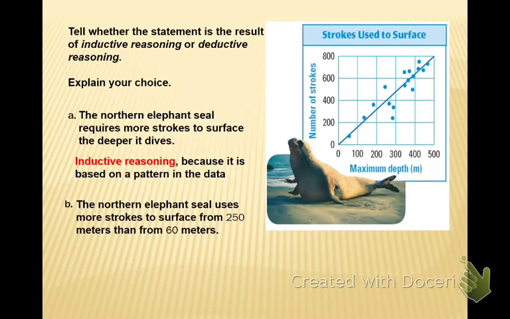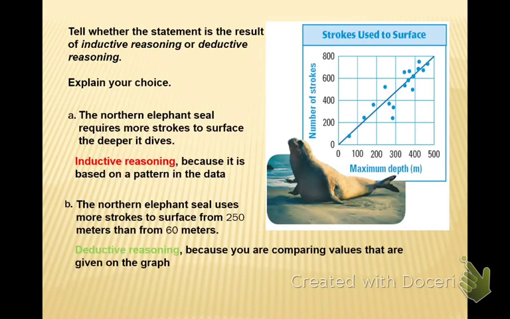Taking observations and using the data from the chart. Well, that describes inductive reasoning. I talked about it when we defined deductive reasoning. Okay, we're comparing 250 meters to 60 meters. We're comparing the strokes at those two depths. So when you compare like that, that's deductive reasoning. You're weighing the facts of one against the facts of another. So it's deductive reasoning.